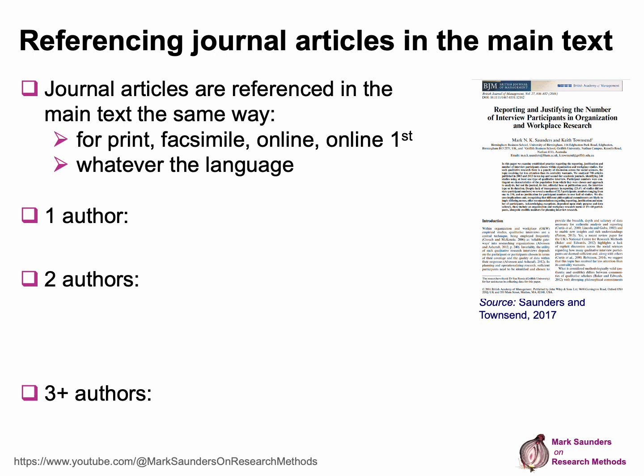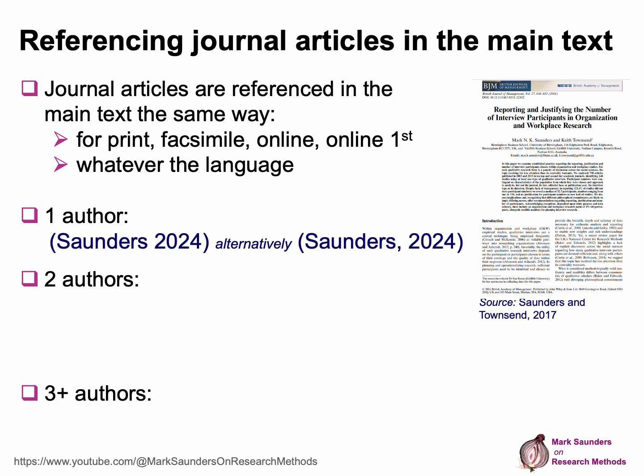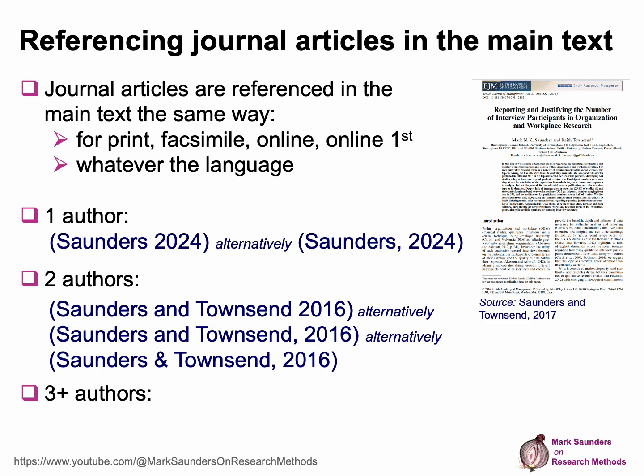So, for a journal article which has one author, in the main text we would either reference it Saunders, in other words the name of the author and then the date, or alternatively we give the name of the single author followed by a comma and then the date. For two authors we would have a variety of possibilities.